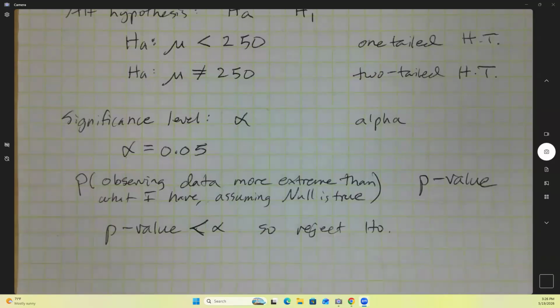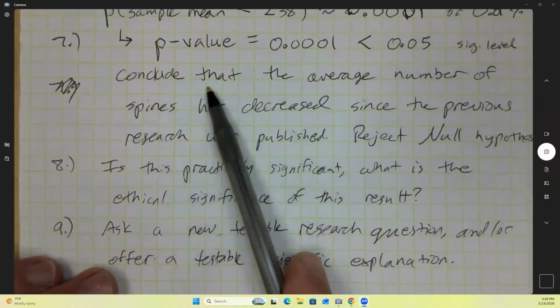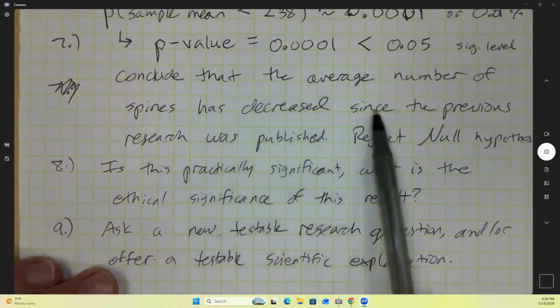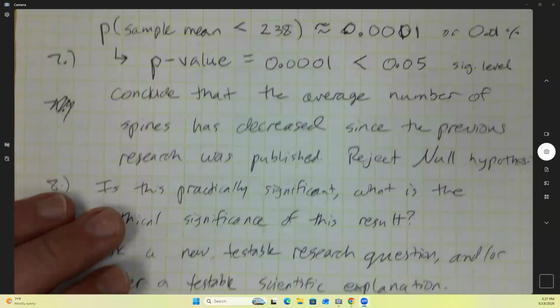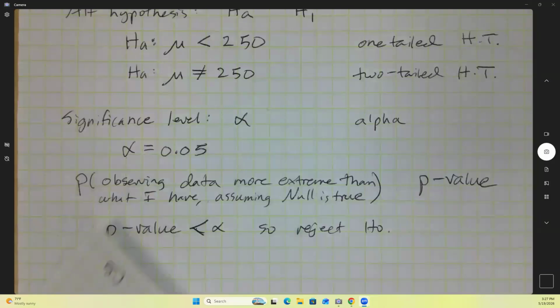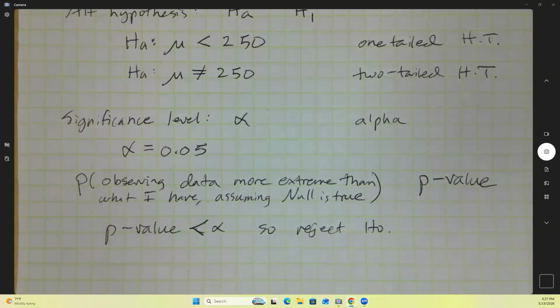Maybe something more like, we can conclude that the average number of spines has decreased since the previous research was published, based on the low probability of what we observed, or something like that. But you're communicating your statistical analysis to a non-statistician who's well-versed in the science of your subject, but doesn't spend their time reading statistics manuals. Okay, thank you.